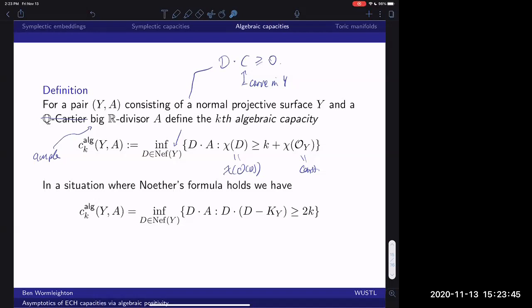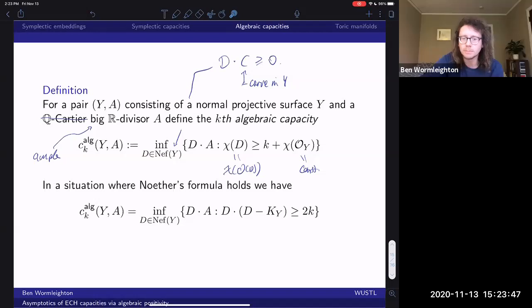No. Right, because for a start, this doesn't even have to be an integer. For example, in a weighted projective space, I have that bundle O(1). It's a perfectly good divisor. Its self-intersection is 1 over ab.